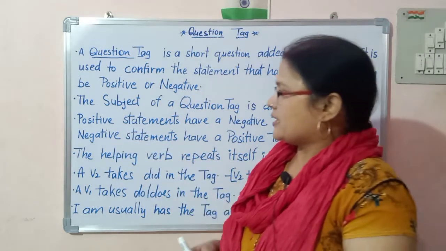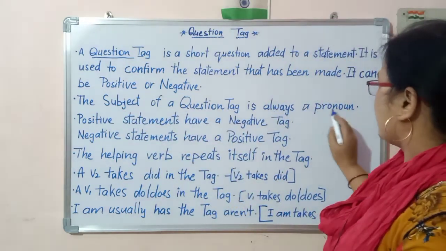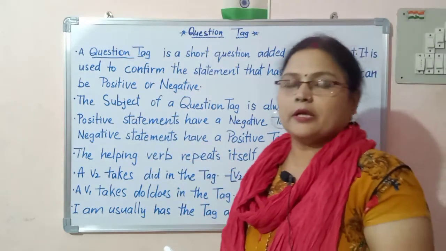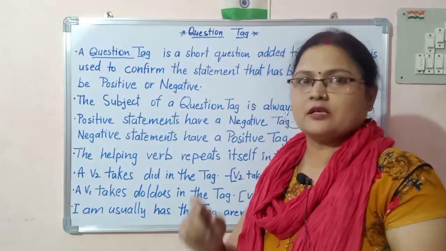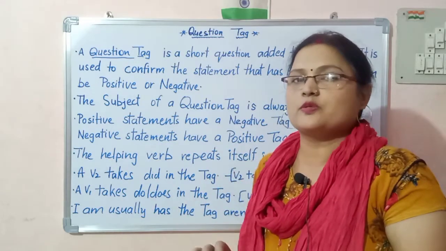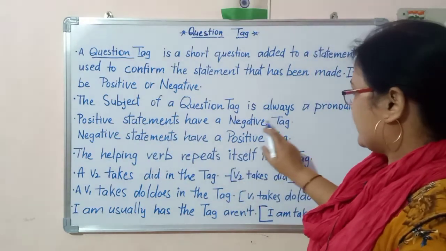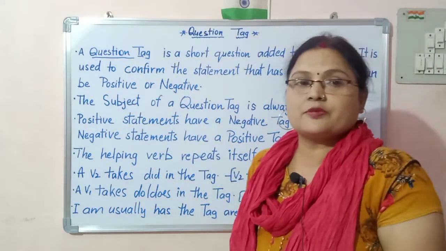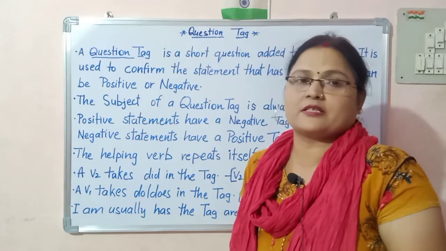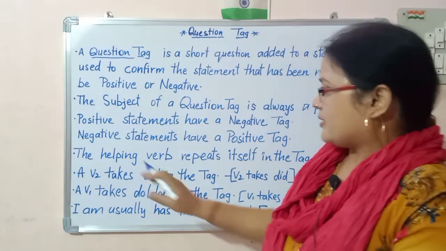The next rule: the subject of a question tag is always a pronoun. So, in a question tag, we use only pronouns as the subject. We cannot use a noun here. Positive statements have a negative tag. All positive sentences get a negative tag.